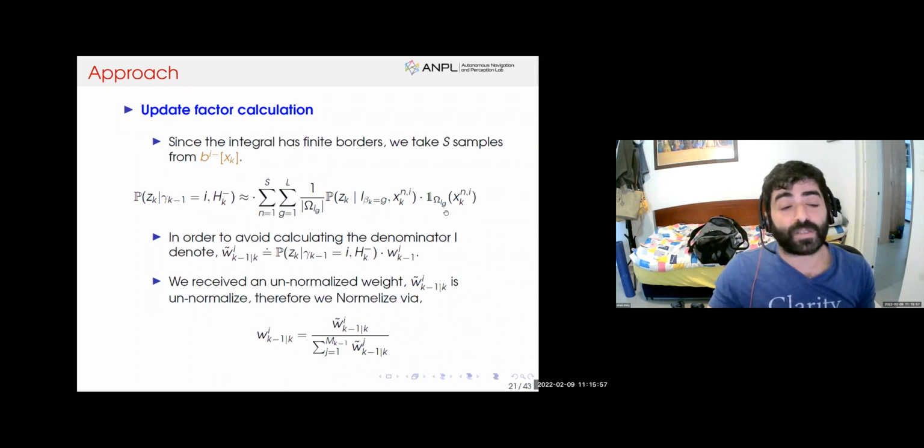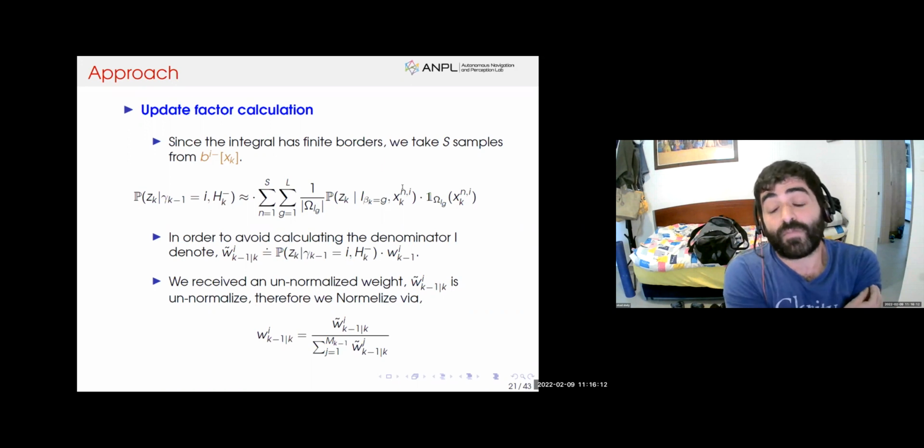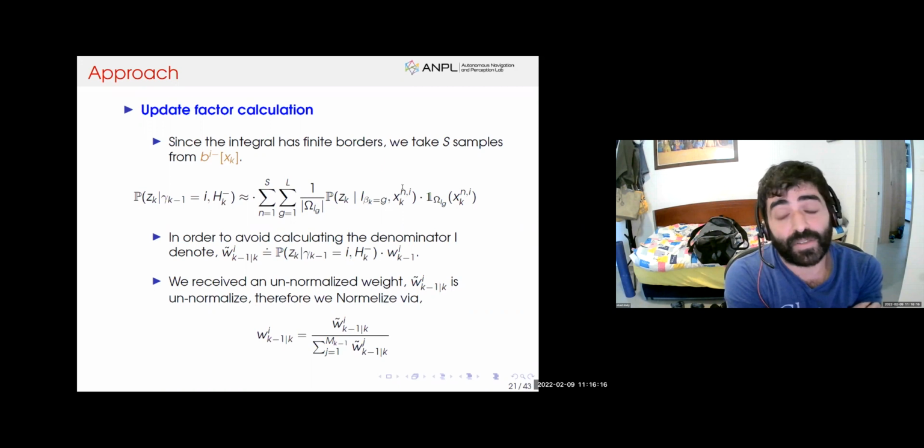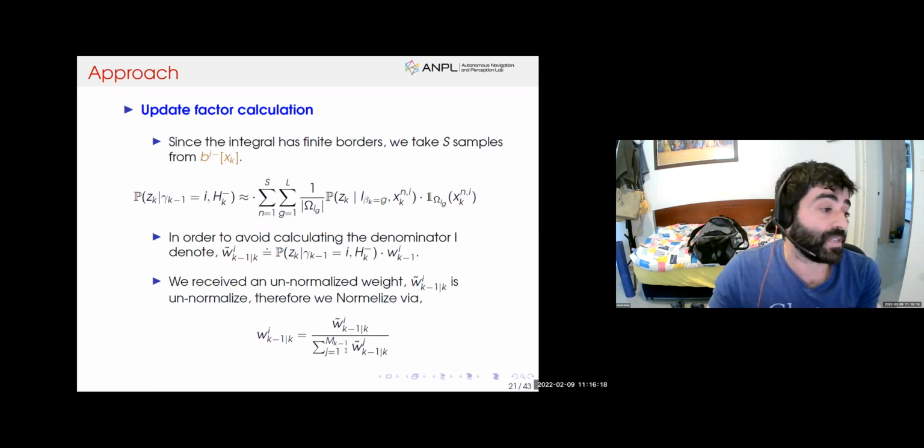In order to avoid the calculation of the denominator, we define a weight tilde, which is the value of this argument multiplied by our original weight. We calculate all weights at the reevaluation point, and after that, all that's left to do is normalization of the weights again, which is noted here.